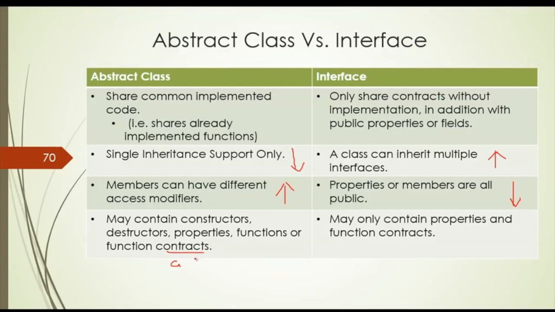That's it. And interface may only contain properties and functions, contracts. That's it, nothing more. But abstract class can also hold implementation of functions rather than just the contracts. So these are the upsides and downsides.